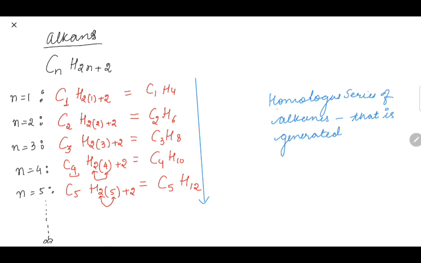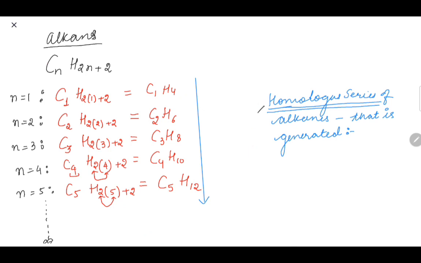So what do you mean by a homologous series? A homologous series means a series of compounds which are following a single general formula. Do you see that all of these compounds have been derived from a single general formula, which is CnH2n+2? Are you understanding my point? So, what is a homologous series?